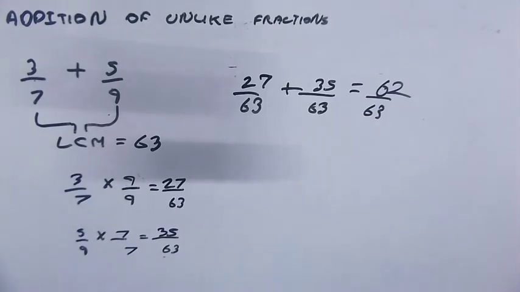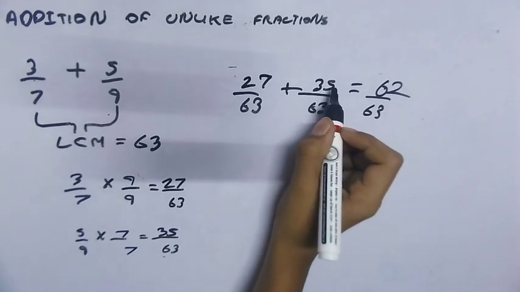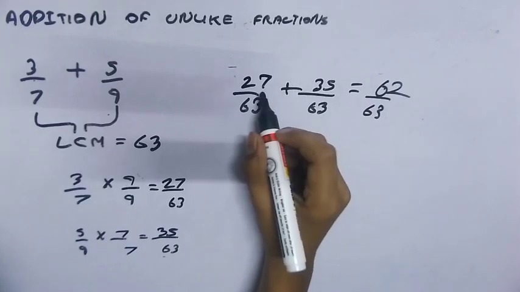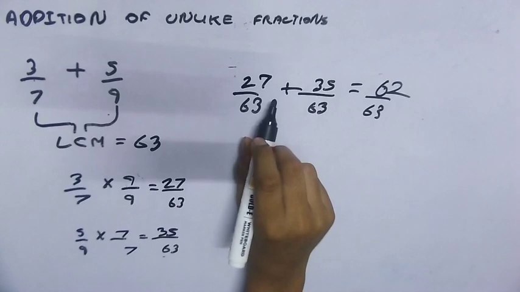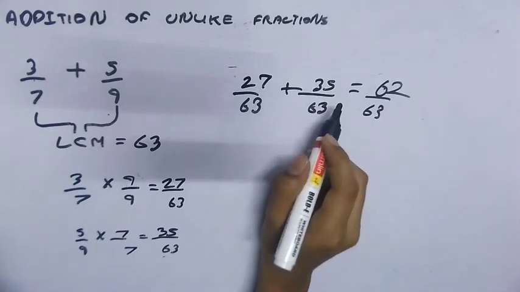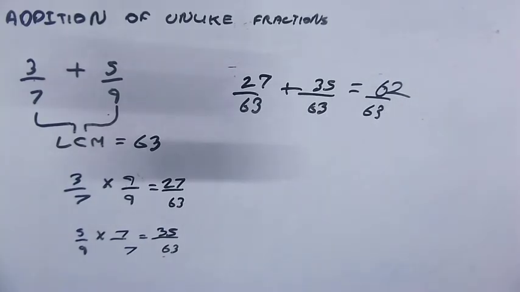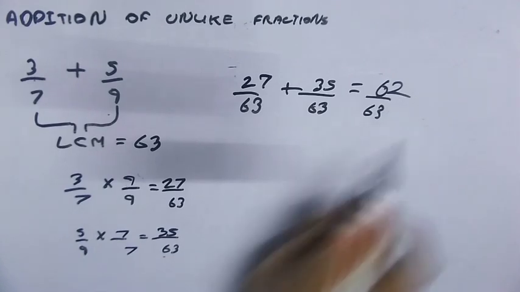Close. You add, you leave the ones here. 20 plus 30 equals 50. 50 plus 7, 57. 57 plus 5 equals 62. It's so close, right? Just one is the difference here.